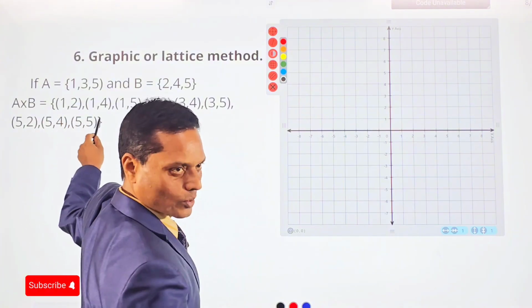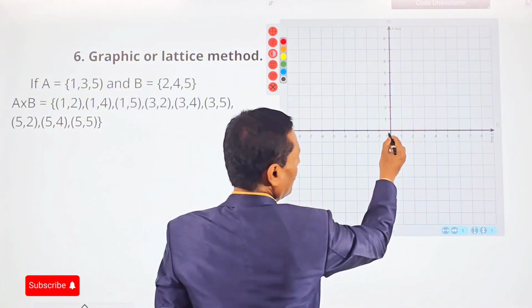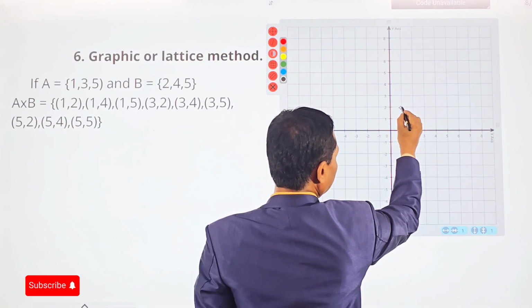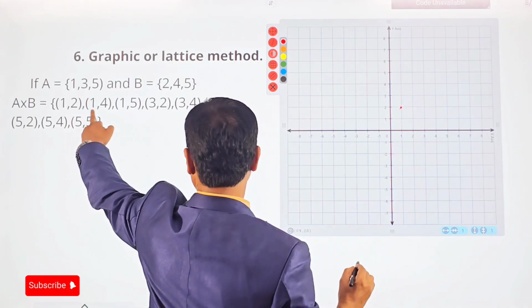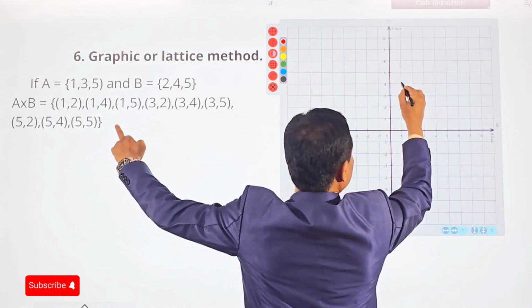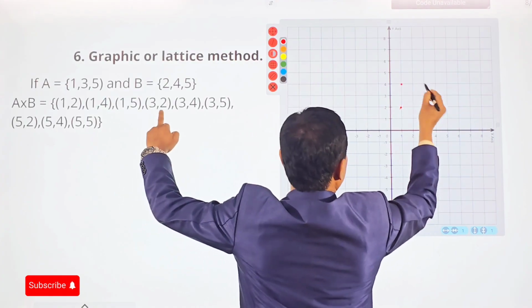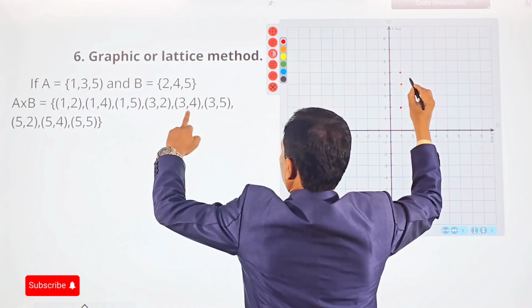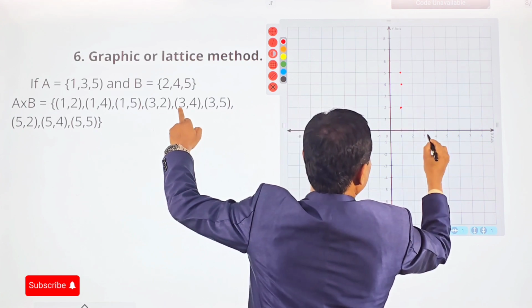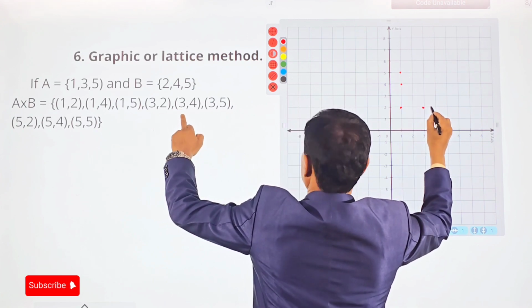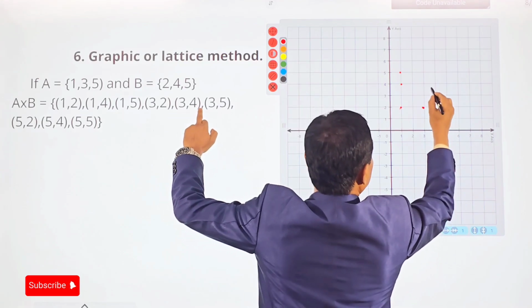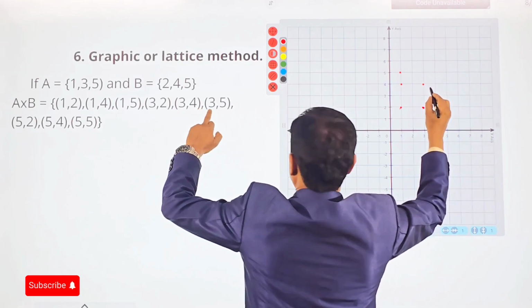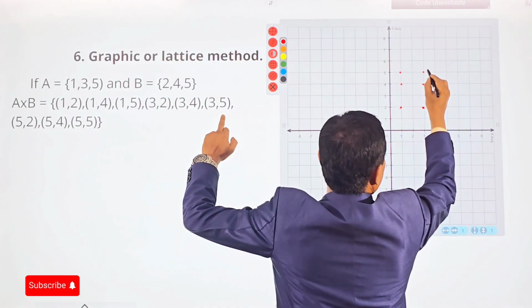Here is 1, 2. The first one is 1, 2. See here, from here 1, 2. So here the first element is 1. There is 1, 4. We write here 1, 4. 1, 5 over here. 3, 2 over here. 3, 4 over here. 3, 5 here.